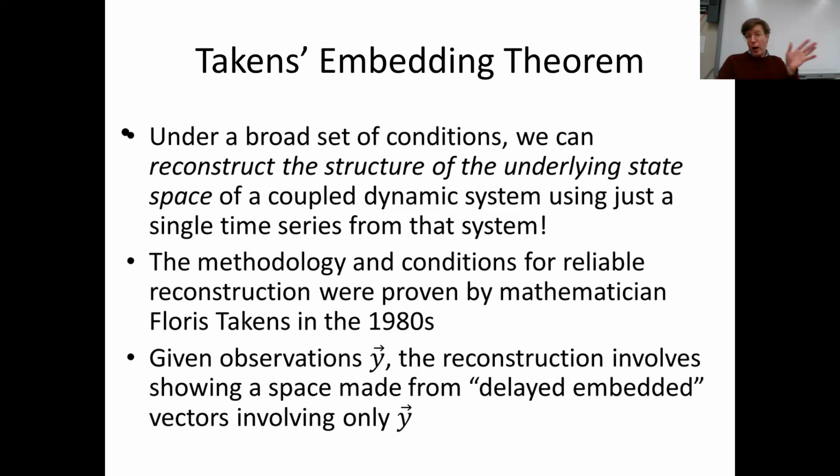Under a very broad set of conditions, we can reconstruct the structure of the underlying state space of a system. So there's a system out there in the world. We don't know what it is. We don't have a model of it, potentially. It doesn't depend on us having a model of this system. All we have is a single time series about that system.